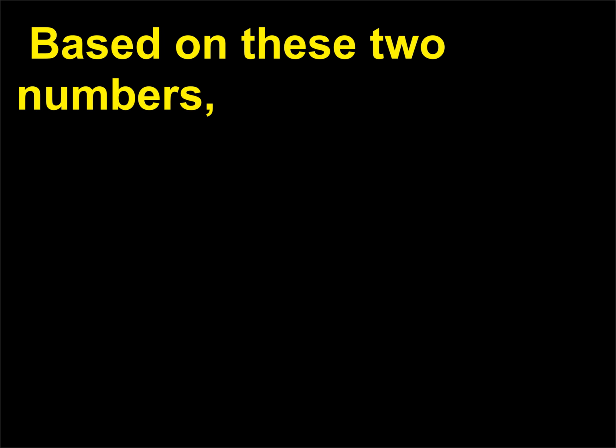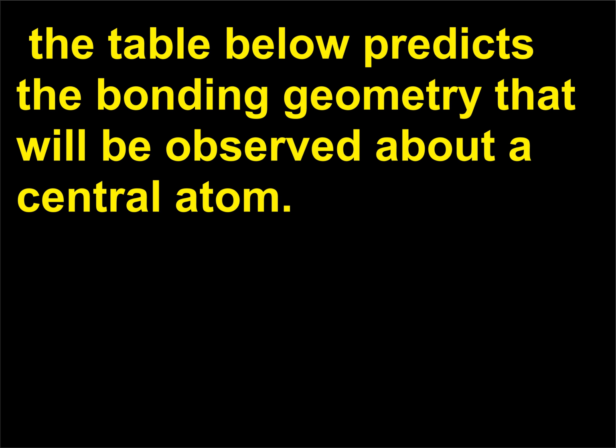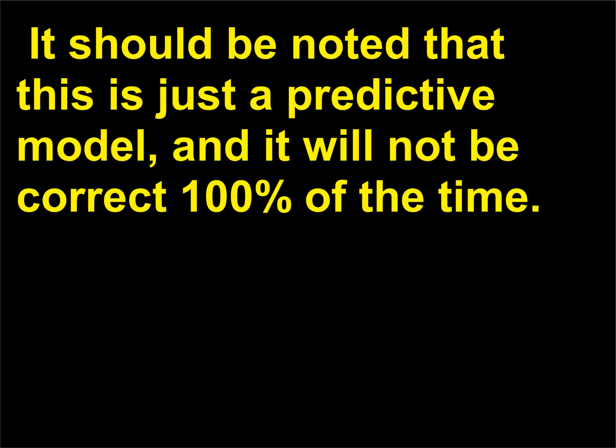Based on these two numbers, the table below predicts the bonding geometry that will be observed about a central atom. It should be noted that this is just a predictive model, and it will not be correct 100% of the time.